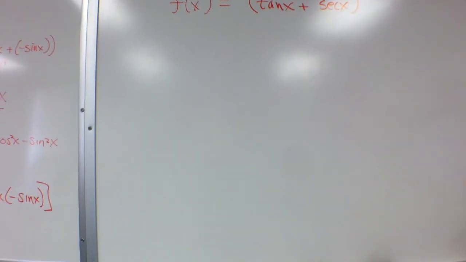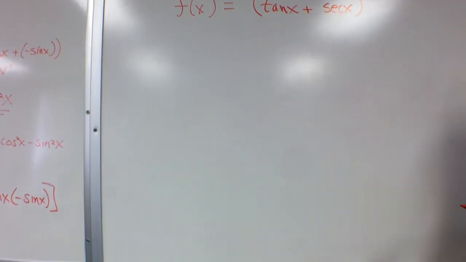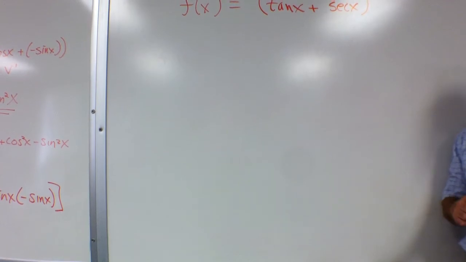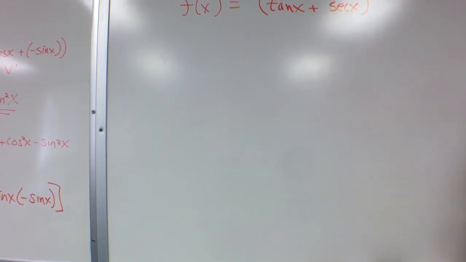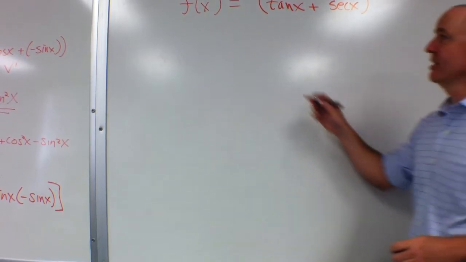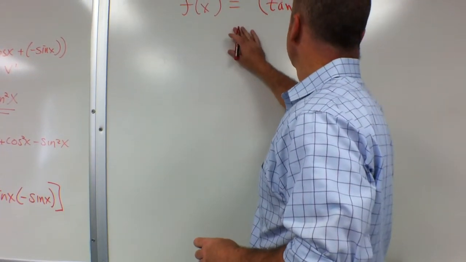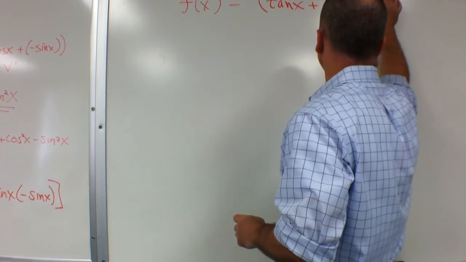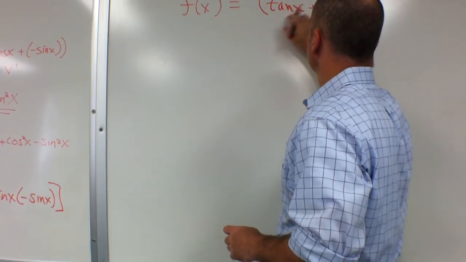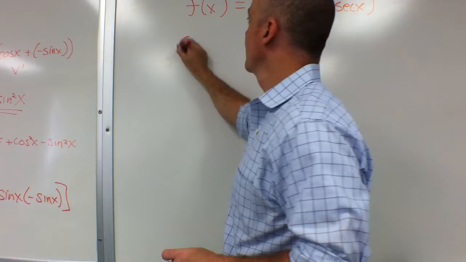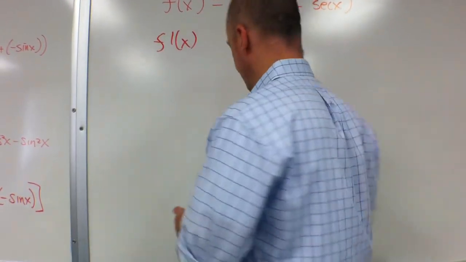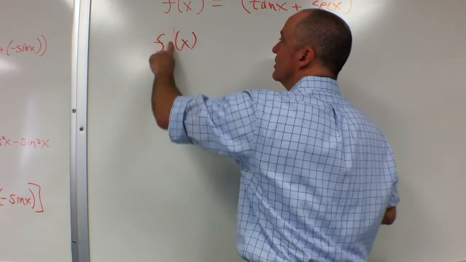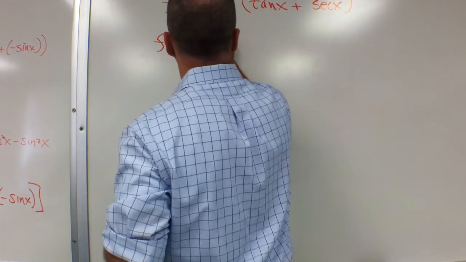Okay, what's the first rule you should think of looking at this situation? Chain rule. I've got an inside function and an outside function. My outside function is x cubed. My inside function, tangent plus secant. That's the worst apostrophe I've written in years of teaching.